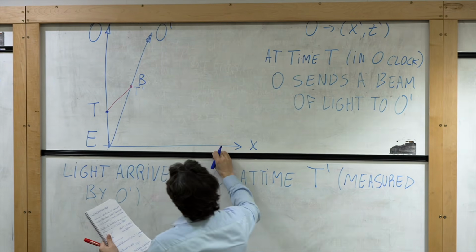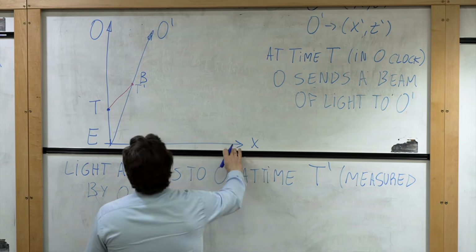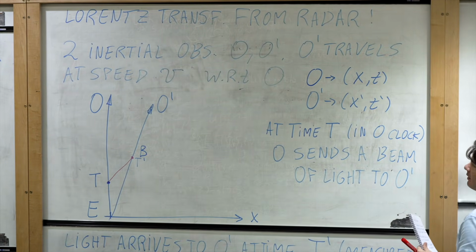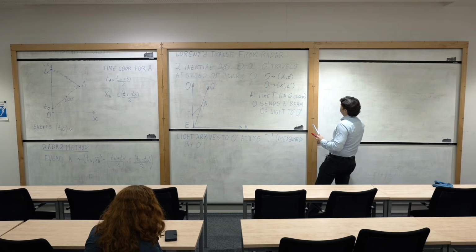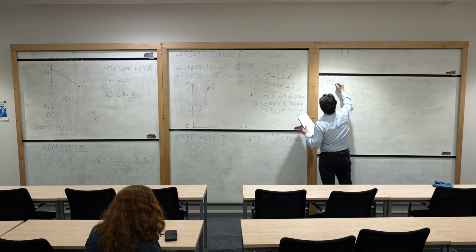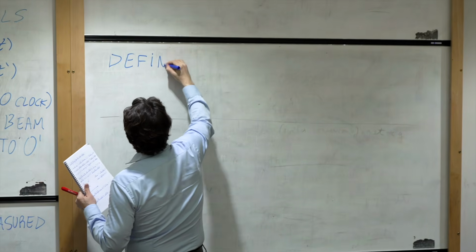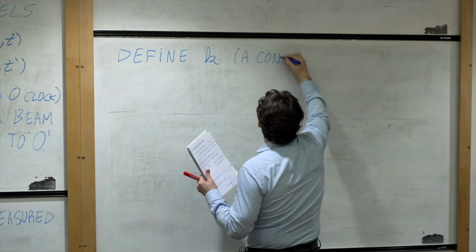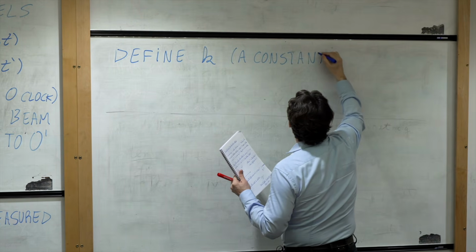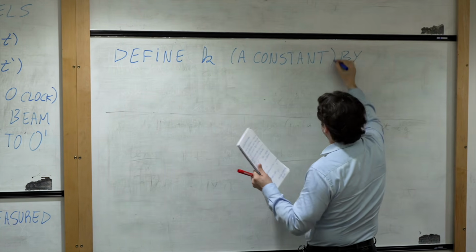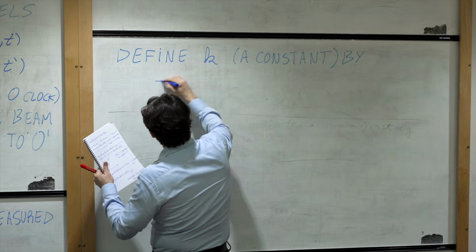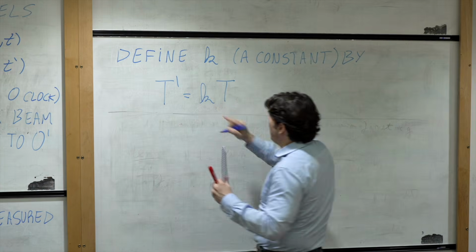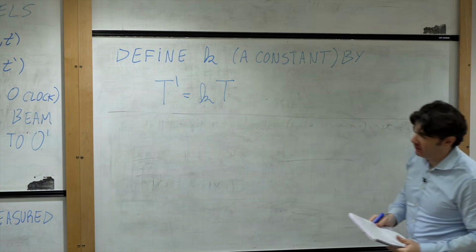So we define now a constant K by saying that T prime is proportional to T, and K is just a proportionality constant, okay?